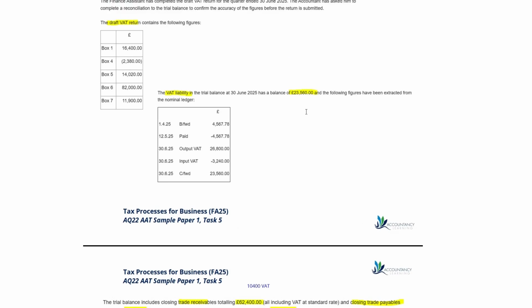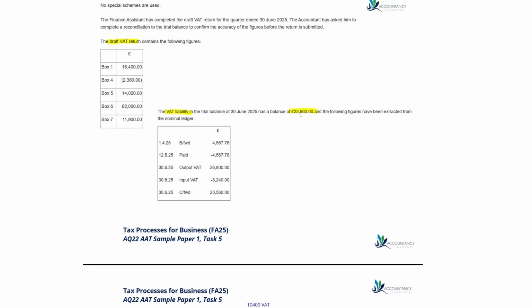Now, if we go up to the top, we can see that we've got a difference between what the output VAT on the trial balance is versus the output VAT on the draft VAT return. And if we work out the difference between the two, we can see that we've got 10,400 difference in output VAT.